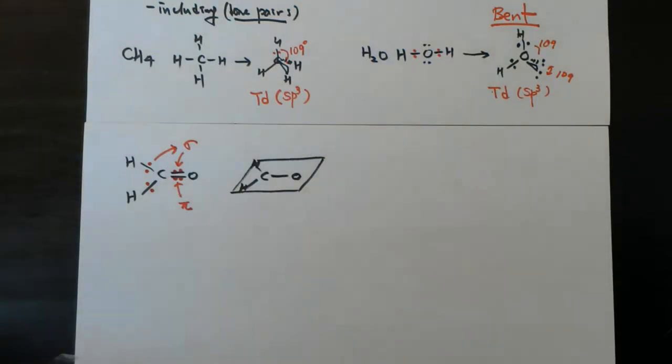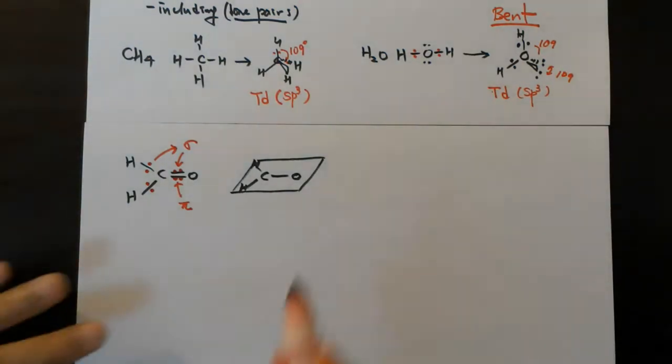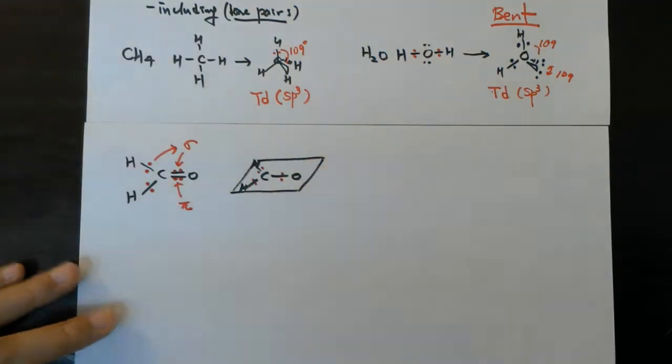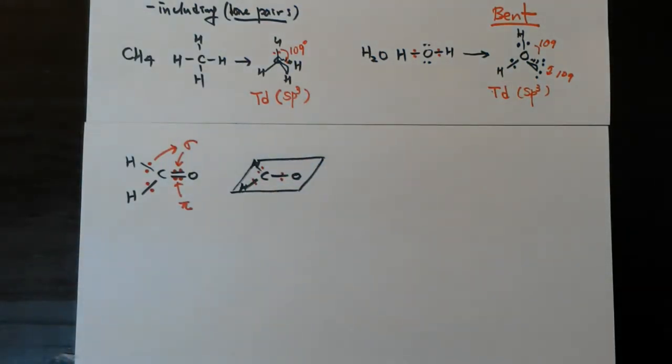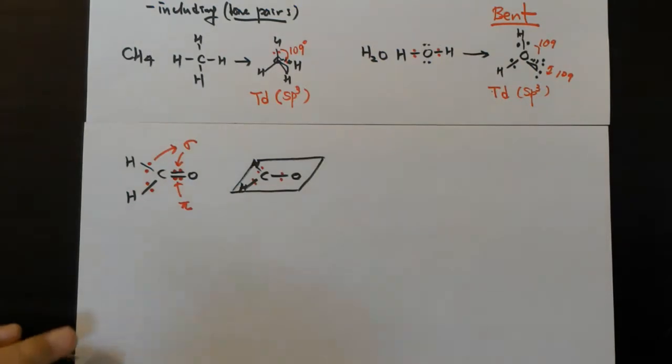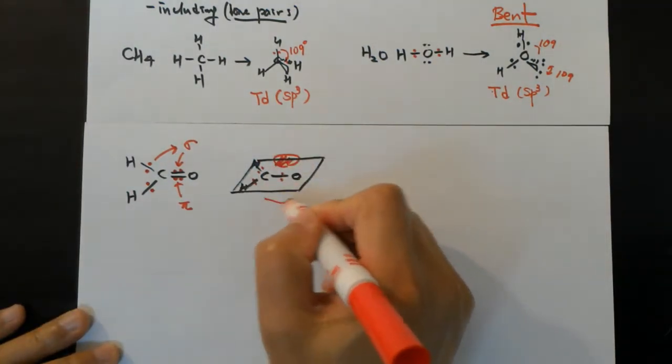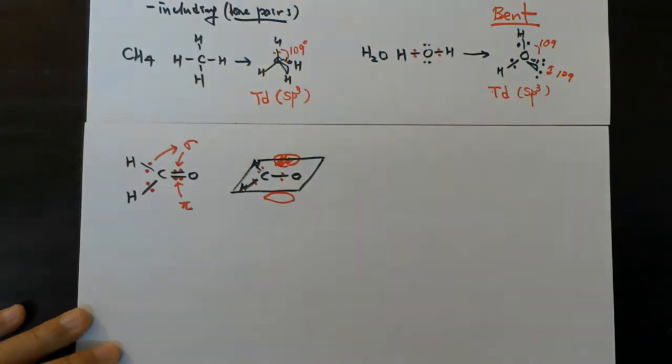Those 3 sigma bonds are on the plane, but the pi electrons are actually above and below the paper.